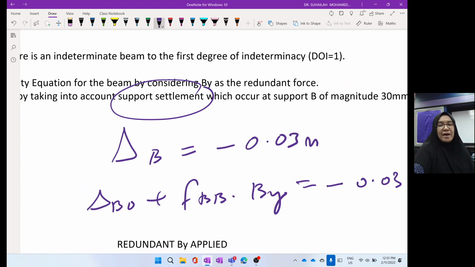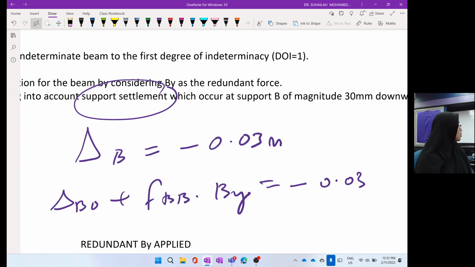When we have support settlement, we will change the zero displacement at B in actual beam to the settlement given, 0.03 meter. Okay, jadi clear?